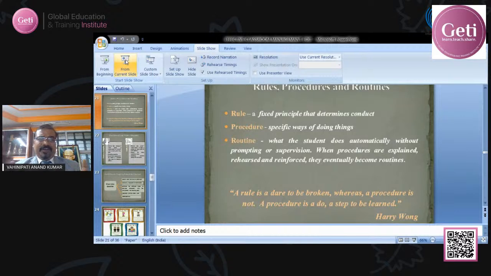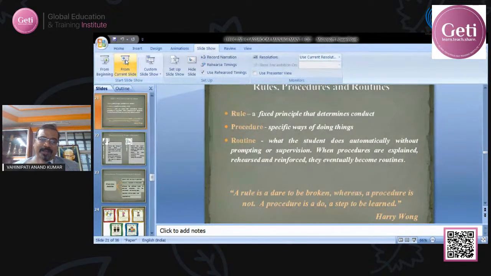And definitely for conduct management, we should establish rules, procedures, routines, which are very important. But here, while establishing a rule, it's not the teacher who should decide the rules. We should do it in the presence of the students, let them frame rules for themselves for different things, and we should be there so that they can own the rules.